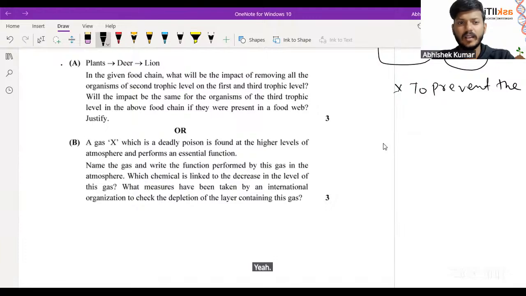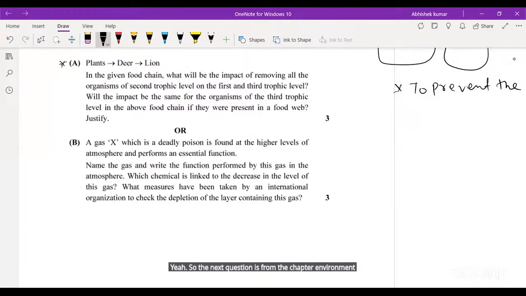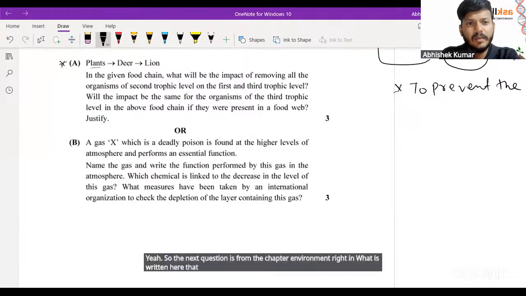Okay. So the next question is from the chapter Environment, right? What is written here: a plant is eaten by deer and the deer is eaten by lion.